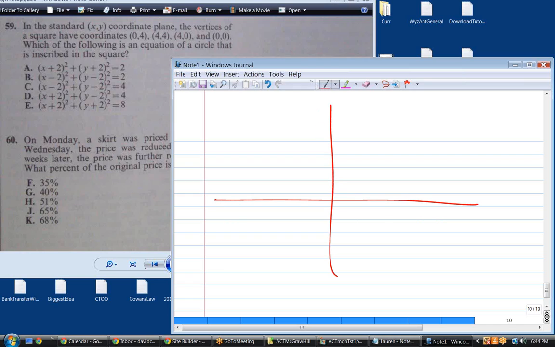Let's plot them: 0, 4; 4, 4; 4, 0; and 0, 0. They make a square. There is a circle inscribed in the square. What is the equation of that circle?